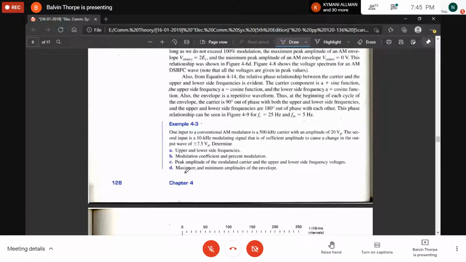And D was asking for the minimum and the maximum amplitude of the envelope. Okay, well, that part I can tell you, but I haven't told you, but you can figure it out.